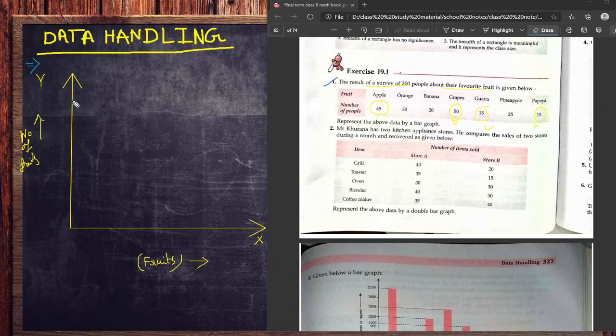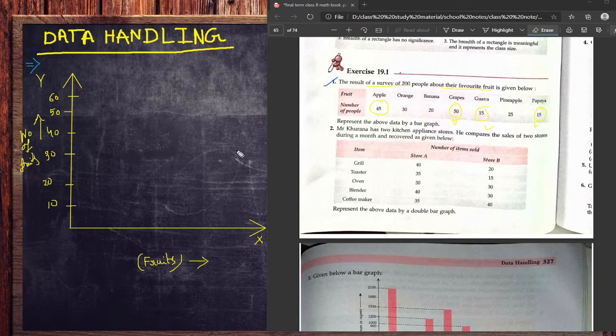I'm taking the largest value as 60. This is separated into equal parts: 10, 20, 30, 40, 50 and finally 60. So we have all the markings along the y-axis.